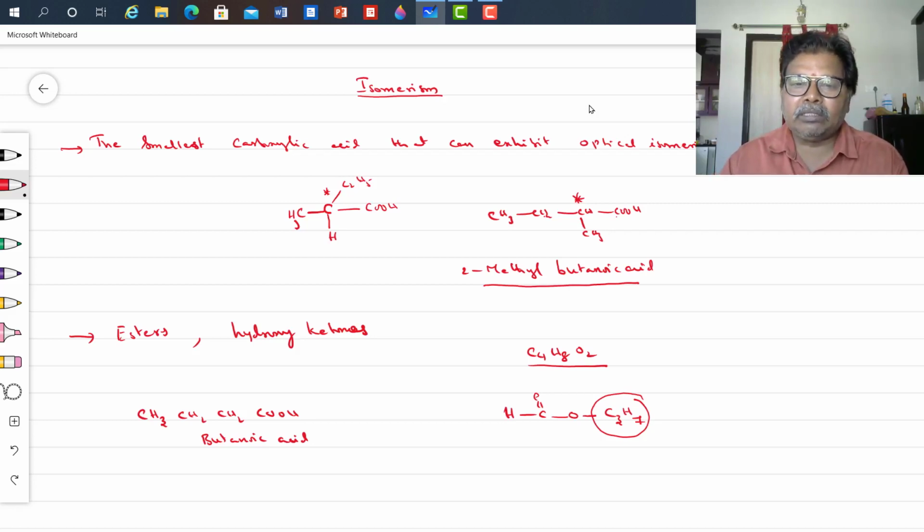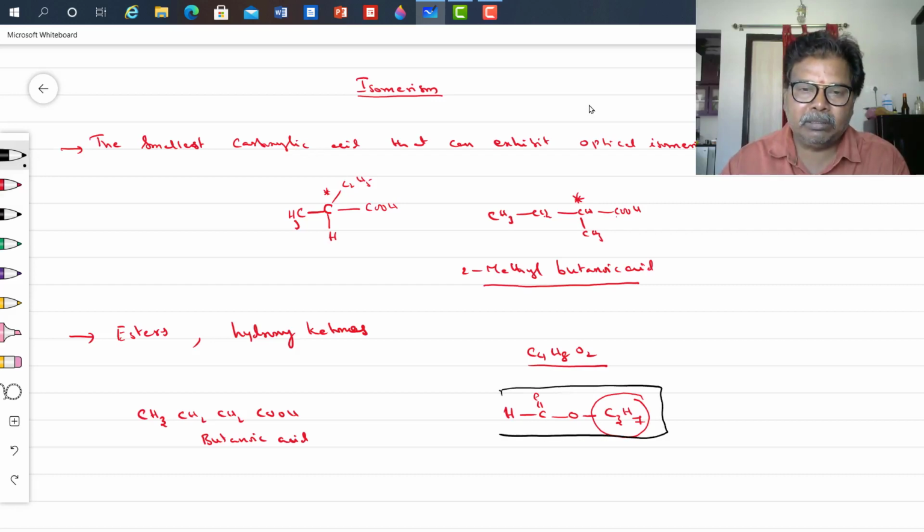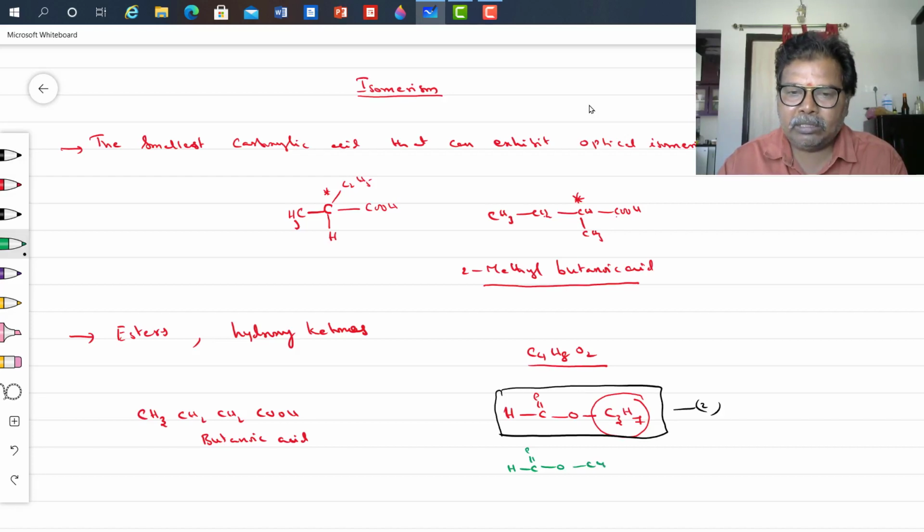So with this, we can write 2 structures. 2 compounds are possible with this. So I am writing those 2. HC double bond O, CH2, CH2, CH3.